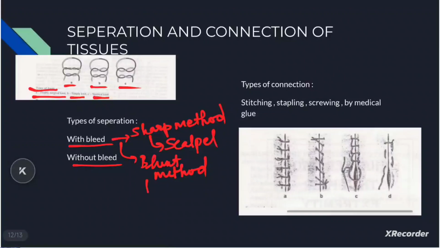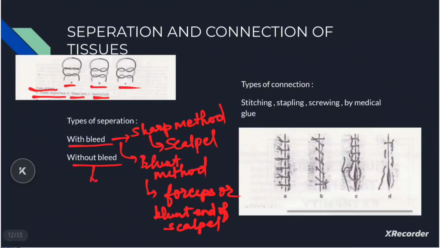The blunt method uses forceps or the blunt end of a scalpel. And without bleeding is laser.